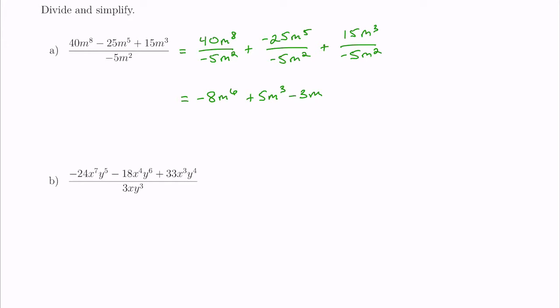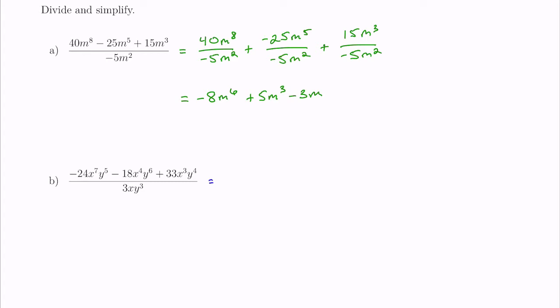In part B, we have the quantity negative 24x to the 7th y to the 5th minus 18x to the 4th y to the 6th plus 33x to the 3rd y to the 4th, all divided by 3xy to the 3rd. Again, we will approach this in the same way, where we separate this into three separate division problems.